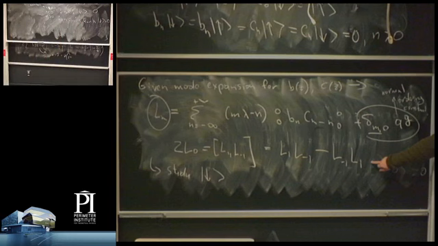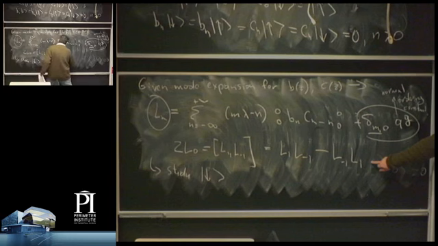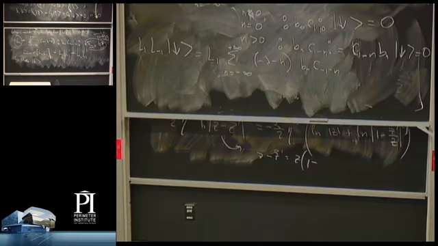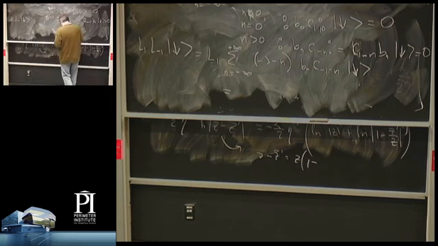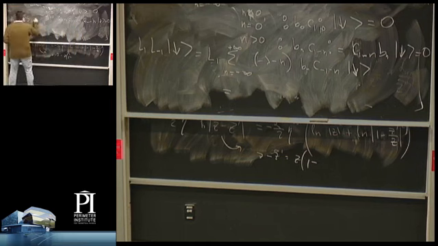And so here I have L1, L minus 1, minus L minus 1, L1. When I act with this commutator on the down ground state, the second term will not contribute, and the only contribution will come from L1 L minus 1 on the ground state.